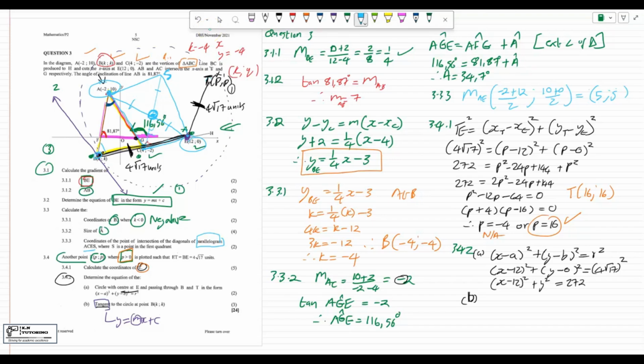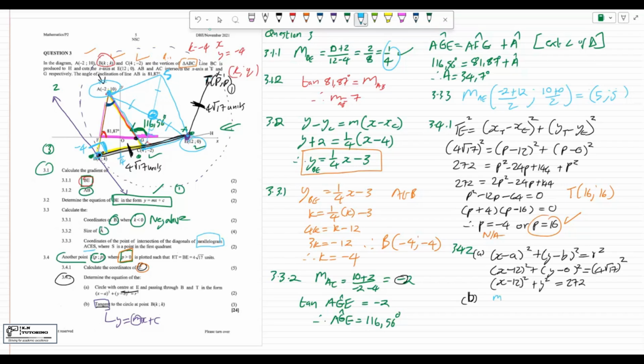And we know that the radius is perpendicular to the tangent. We've already determined that the gradient of line BE is 1 over 4, which means the gradient of the tangent is going to be -4. How do we find this?